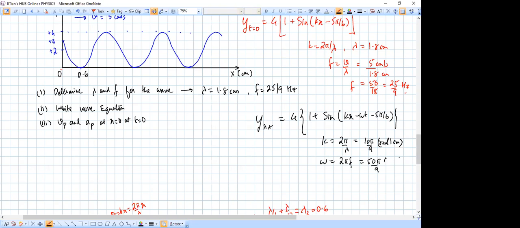This is in radians per second. Okay. So this is our second part's answer. And then we can get particle velocity and all quite easily. That's not going to be very challenging after this.